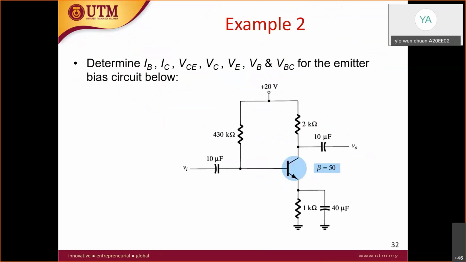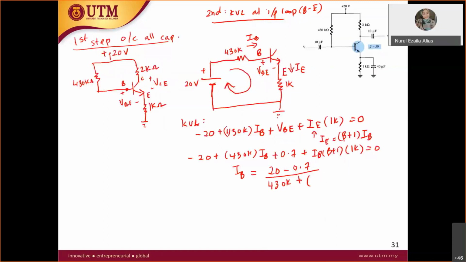Beta is 50. Okay, 50 plus 1, 1K. All right, so I need all of you to calculate this for me. How much did you get? 40.12 microampere. Great, thank you. So all of you get the same answer?